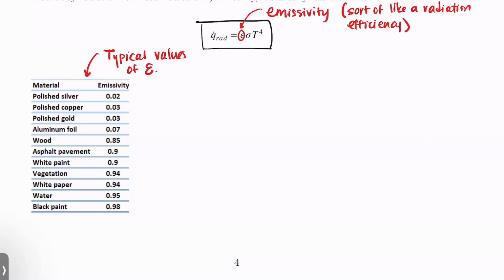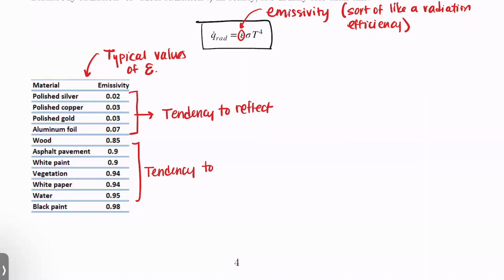I already said this verbally, but these items have a tendency to reflect, and these have a tendency to absorb. Epsilon is always going to be between 0 and 1.